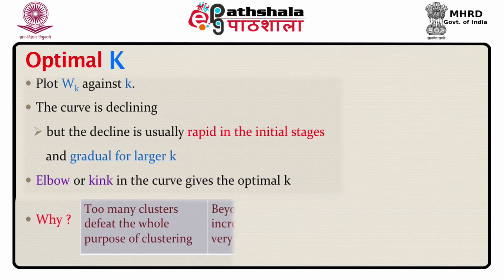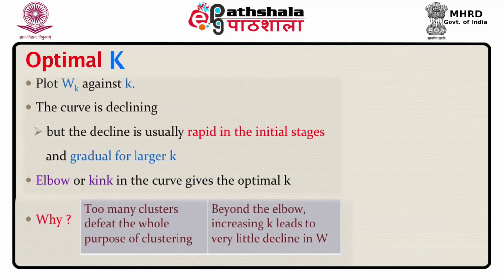Why are we looking for elbows or kinks? Firstly, mind you, by this criterion, what would be the best number of clusters? With n observations, it is obviously going to be n. But too many clusters defeat the whole purpose of clustering. We don't really need to put n individuals into n different clusters. We need to group them together, so as few clusters as possible.